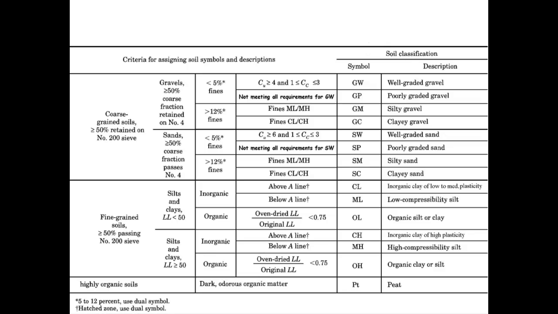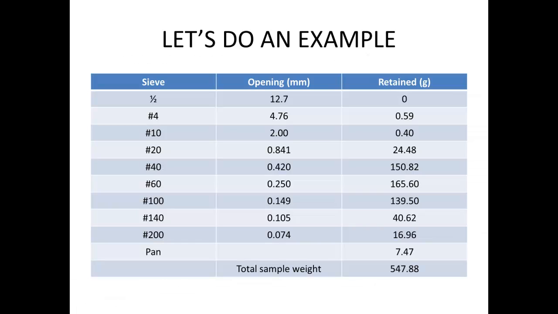In fact, you can compare your results against the provincial standards for the province of Ontario, which I linked for you online under your Assignment 1 folder in Blackboard. The next part of this lecture will be a quick example about how to identify a soil sample after it has been passed through a sieve analysis.